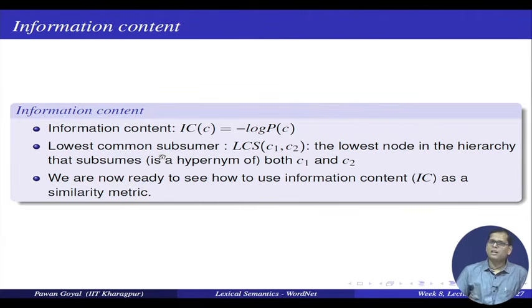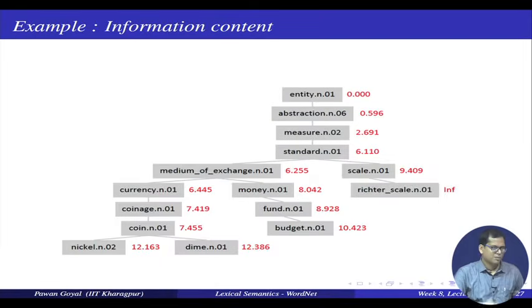And now we will see how we can use that for computing a similarity between concepts. So if I take minus log probability, I will get these different numbers. Minus log 1 becomes 0 for entity, then 0.596 and so on.